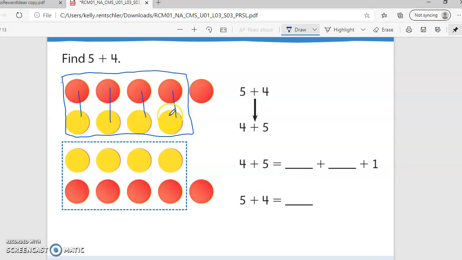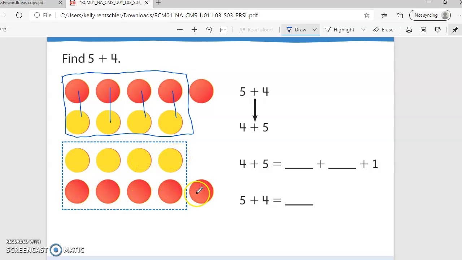Okay, so I drew my box. So this is 4 plus 4. But then, once I figure out 4 plus 4, I still have to add this one that's left. Looking at right here, they use the yellow counters first, and there's 4 of them.